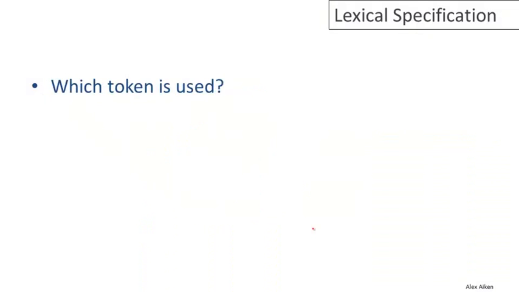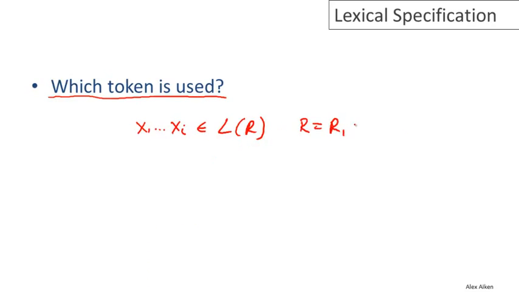A second question is, which token should be used if more than one token matches? What do I mean by that? Again, we have our prefix of the input, and it's in the language of our lexical specification. Remember that the lexical specification itself is made up as the union of a bunch of regular expressions for token classes.